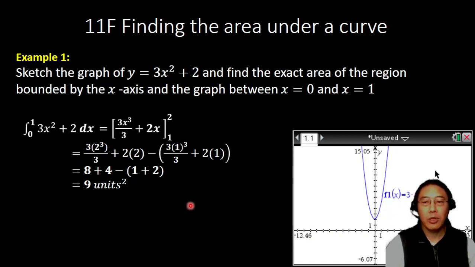As an example here, you sketch this function, which is a quadratic. It's already in turning point form. (0, 2) is your turning point. The function is above the x-axis. You need to determine the area from x equals 0 to x equals 1. So x equals 0 is your y-axis, x equals 1 will be about here.